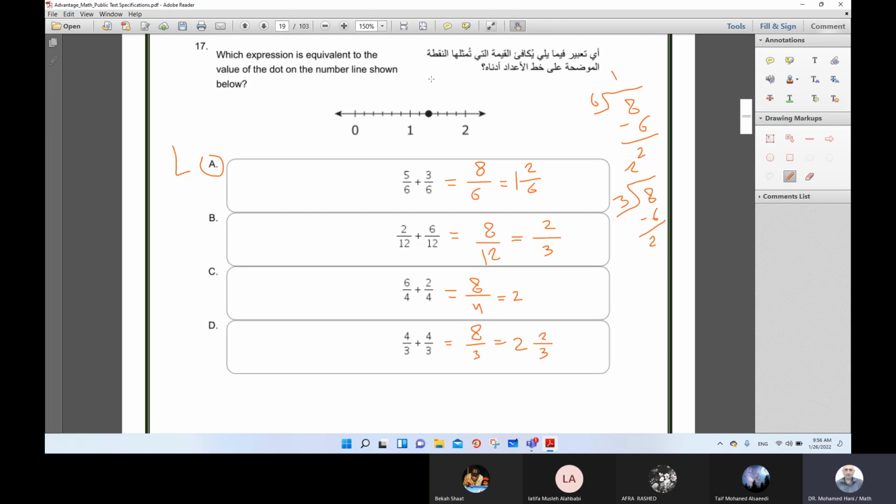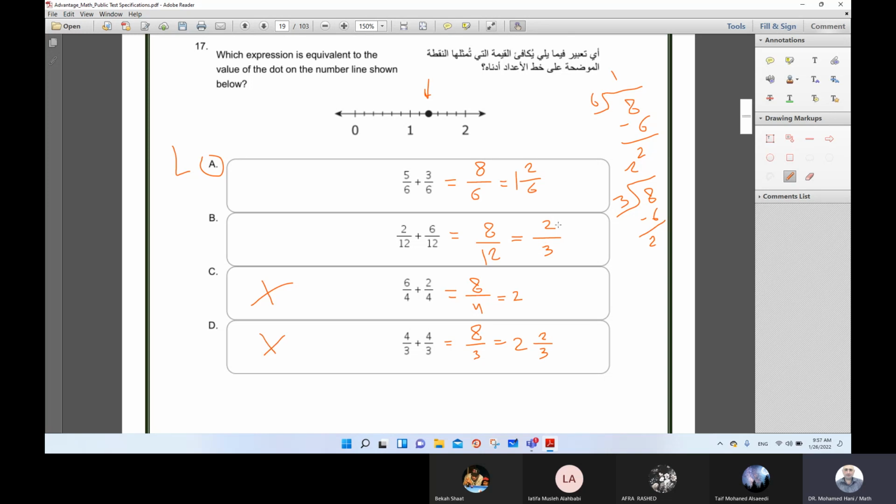And as you see, here is the point between 1 and 2. So the answer here, 2, is equal to 2. So this is not correct because the point is between 1 and 2. And here 2 and 2 over 3 is greater than 2, so this is not correct.